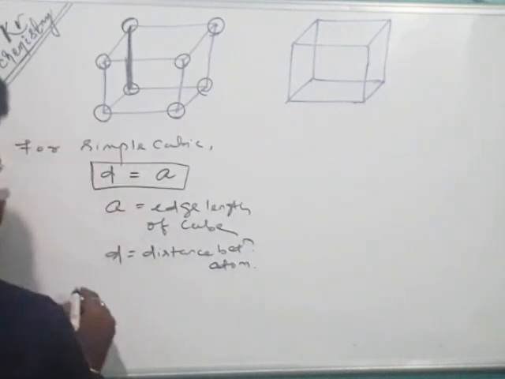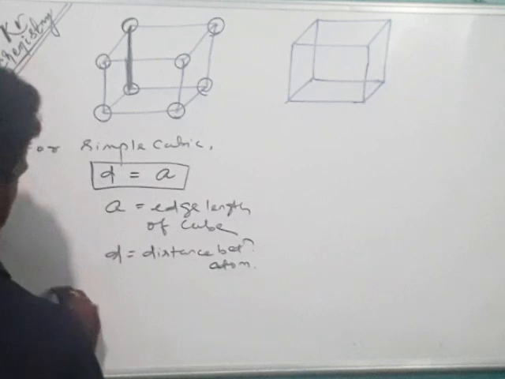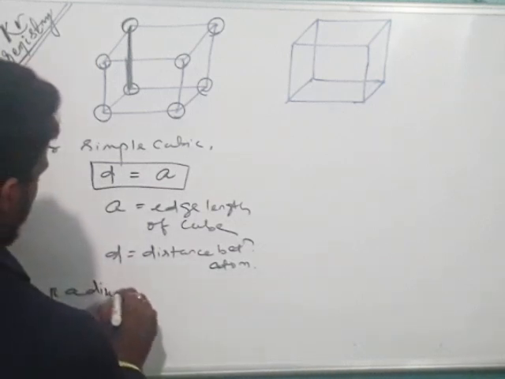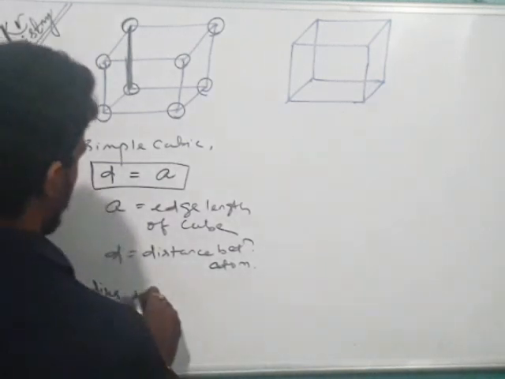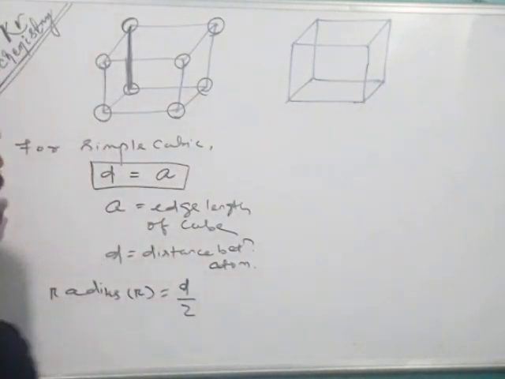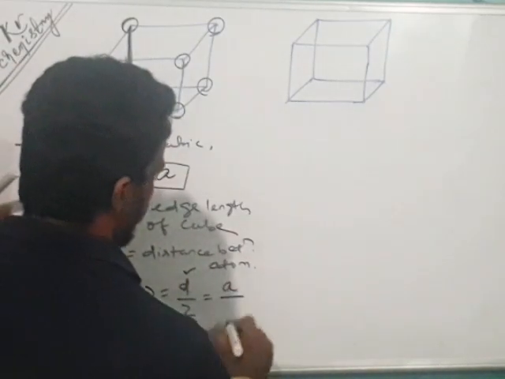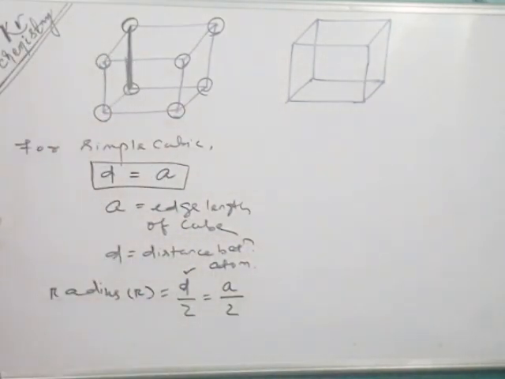So from the formula we discussed previously, radius r is equal to d by 2. Here the value of d is equal to a. That implies r is equal to a by 2.